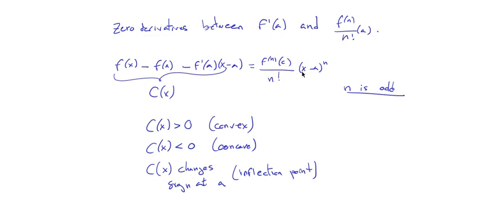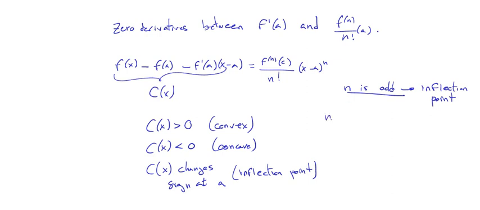So when x is smaller than a, this will be negative, and so this will be negative when raised to the power n. But when x is greater than a, this will be positive, right? So we have different sign if n is odd. So if the first derivative that's different than 0 at a after the first is odd, then automatically we have an inflection point.